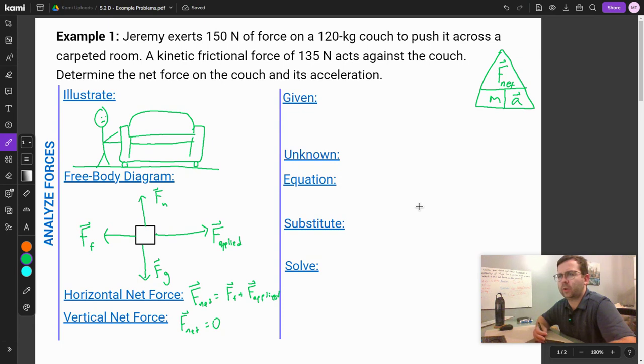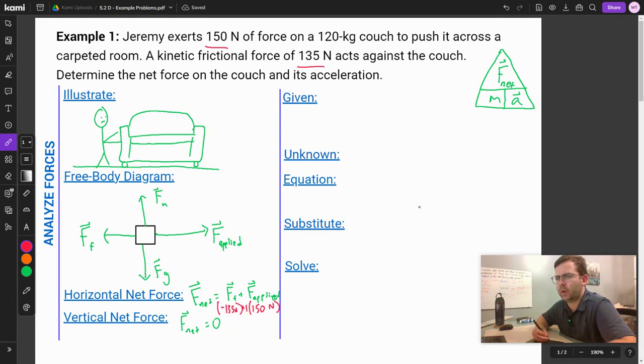And we can quickly determine what that net force is because we can just simply add up the friction plus the applied. In this case, the applied force is 150 newtons in the positive direction, plus the frictional force, which is 135 newtons, but it's in the negative direction.